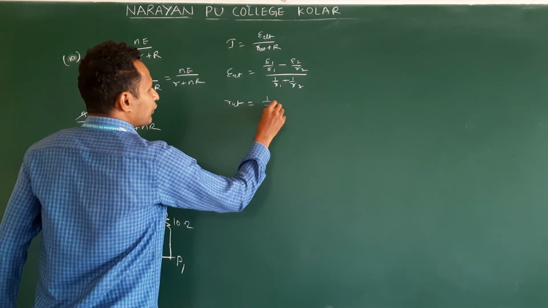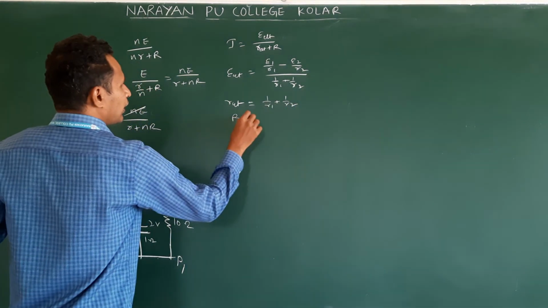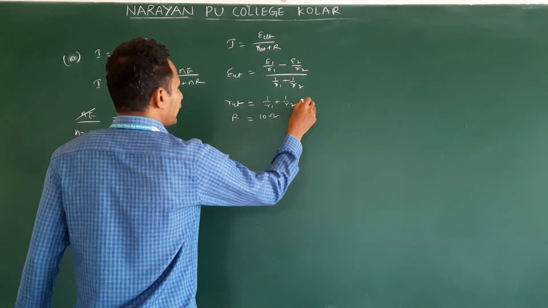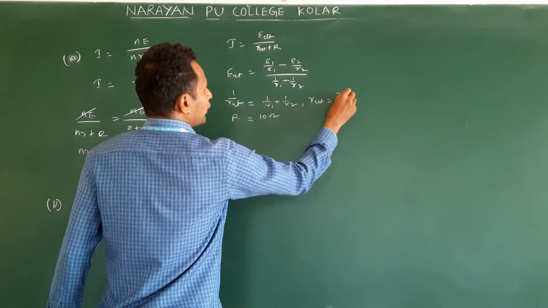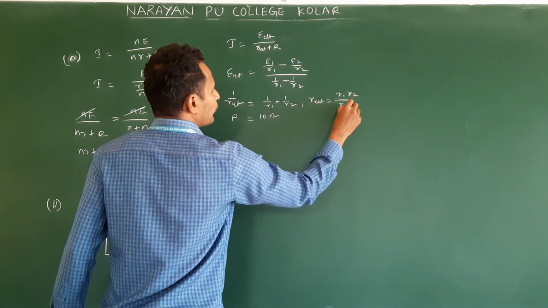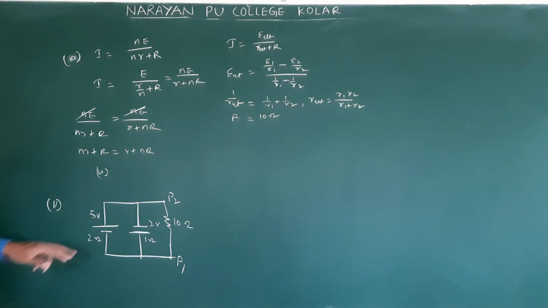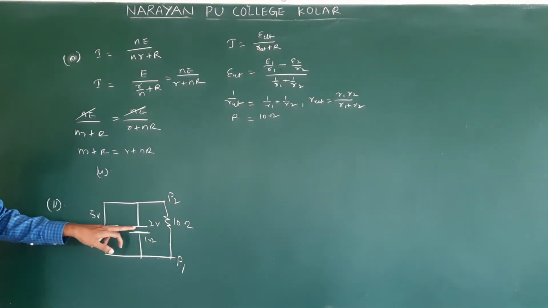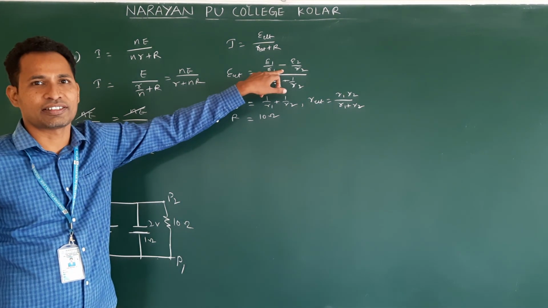Parallel, so 1 by R1 plus 1 by R2. Then the R value is 10 ohm. R effective is equal to R1R2 by R1 plus R2. Why did I write minus here? Because they are oppositely connected. If they are connected the same way, we will get plus here.